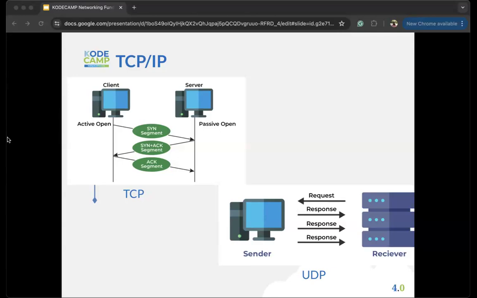But this form of connection and transfer of data is usually used when you don't necessarily need every packet sent. You just need communication between the client and server, requests and responses.